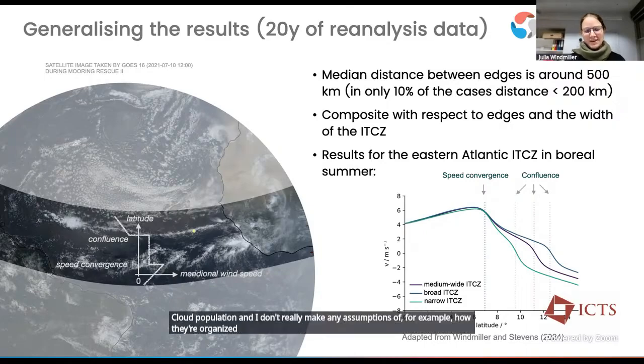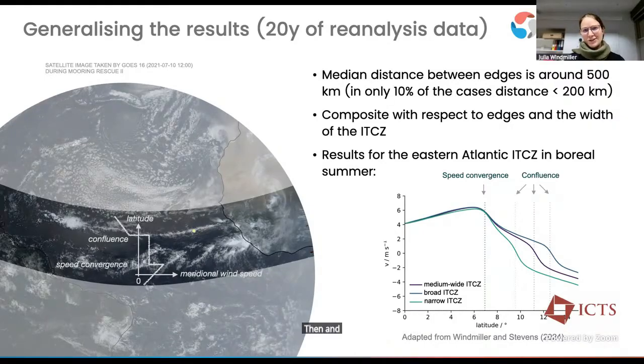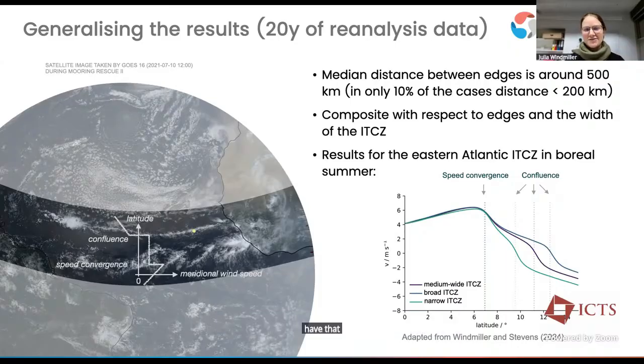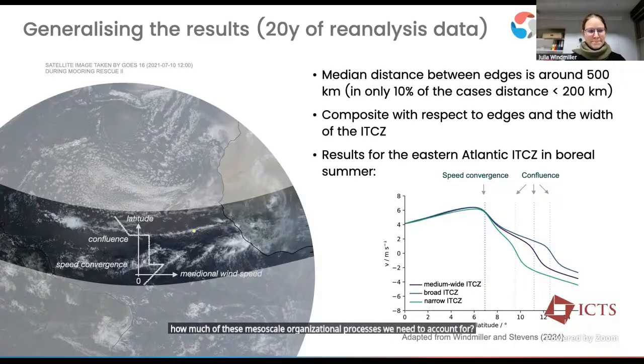If that works, then that's small scale to large scale. And I think it would be a good comparison, because how well that works will also tell you how much of these mesoscale organization processes we need to account for. Thank you. If that made sense.